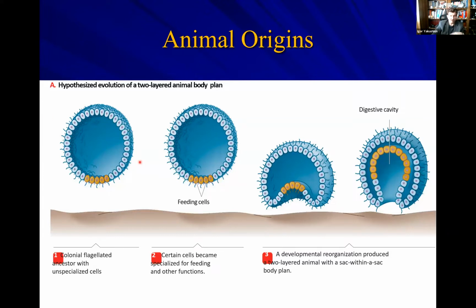Choanoflagellates, a hollow ball, again, representative by the blastula in the early embryo stages of modern animals. And some of the cells become more specialized. Why? Because they are closer to the surface. This is where all of the organic compounds or little bacteria, little algae can be found.